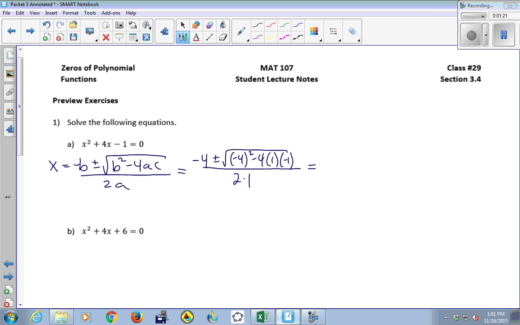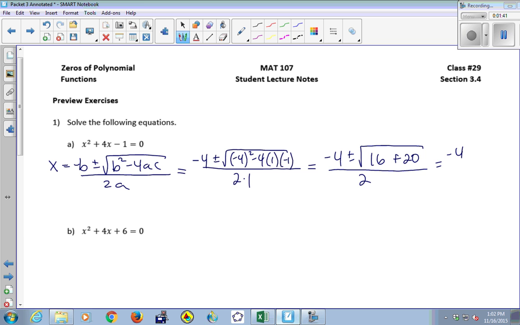Okay. So I've got negative 4 plus or minus the square root. Negative 4 squared, what is that? 16. And then I have negative 4 times 1 times negative 1, so that's plus 20, all over 2.